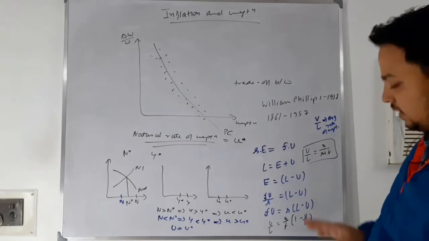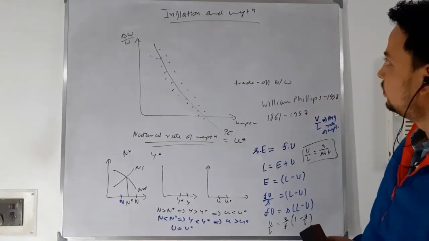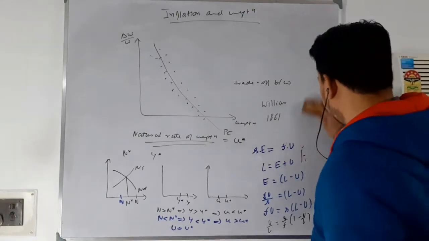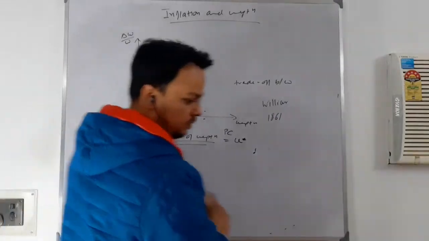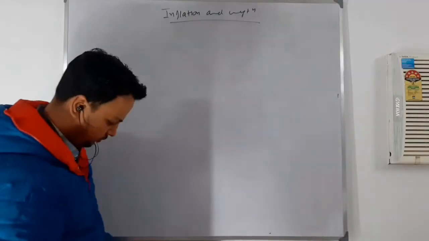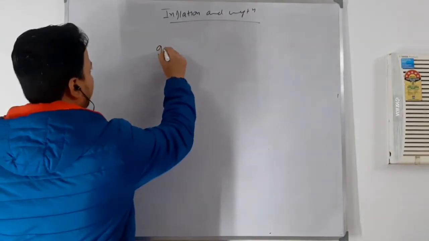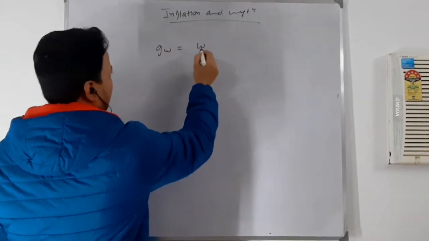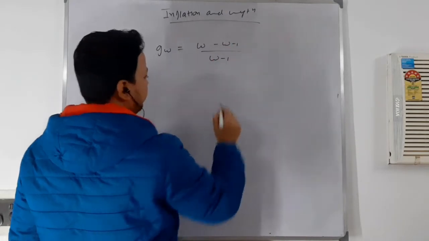After this, I have derived a simplified model of the original Phillips curve. Here I have defined wage inflation as current year wage minus previous year wage, over previous year wage.